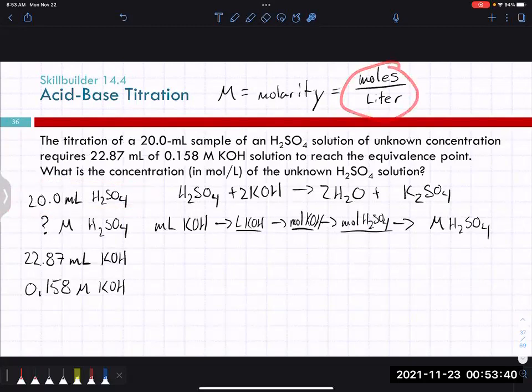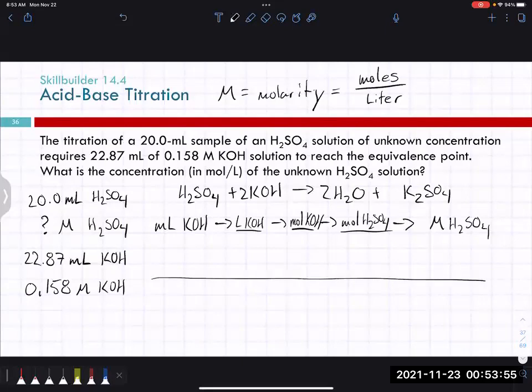We can use that to calculate moles per liter, which is our molarity of H2SO4, which will involve converting that milliliters to liters. So if we have 22.87 milliliters, I didn't leave enough space. You know, there's 1,000 milliliters in a liter.